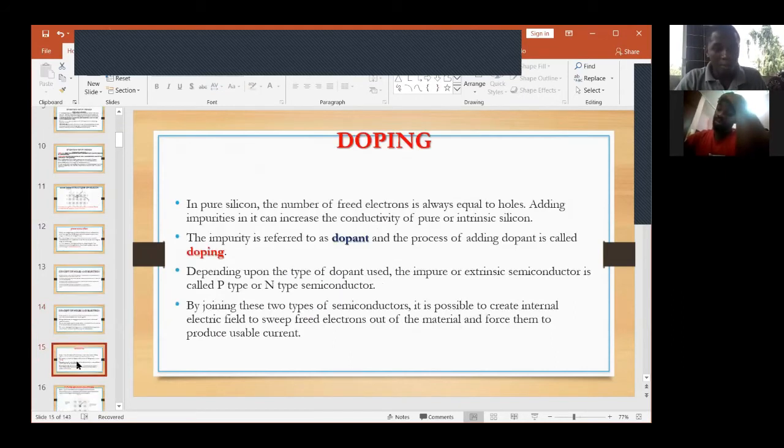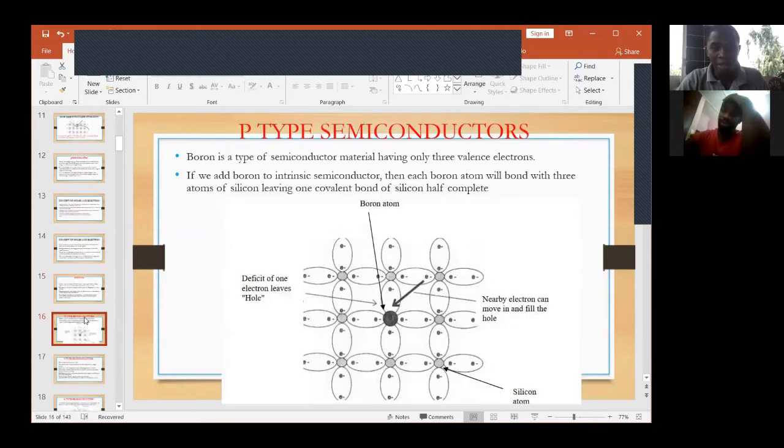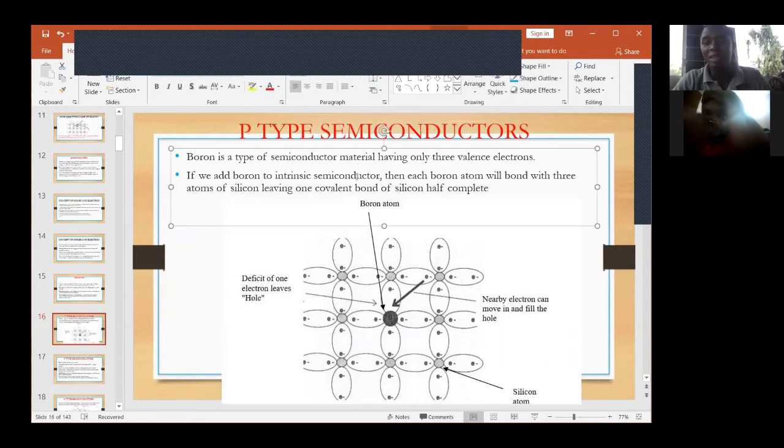Doping is adding impurities, and that's why I want to do a small work there. Boron is a semiconductor material that has only 3 valence electrons. If you add boron to an intrinsic semiconductor, each boron atom will bond with 3 atoms of silicon, leaving 1 covalent bond of silicon half complete. If you do the chemistry, silicon is tetravalent and boron is trivalent.